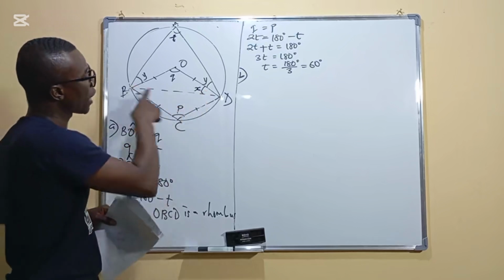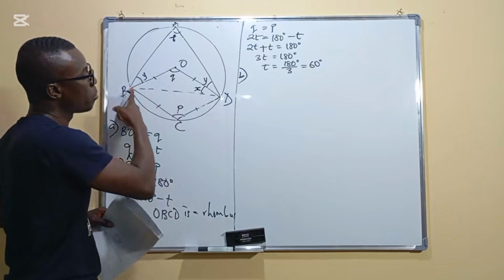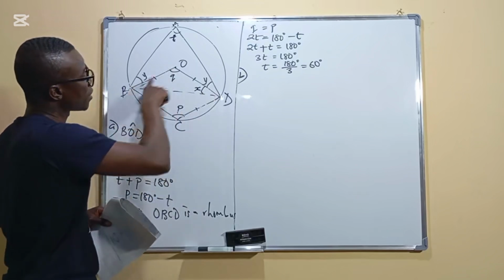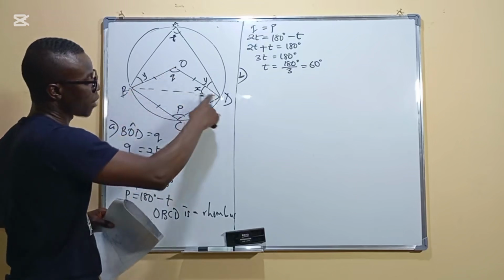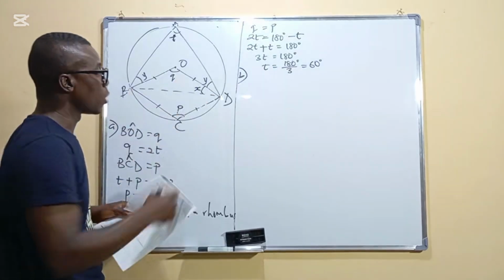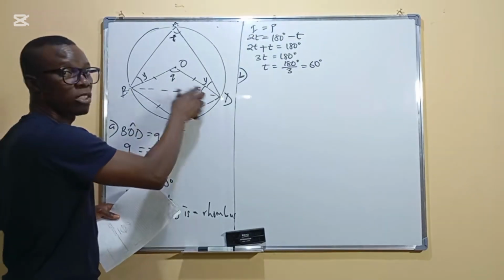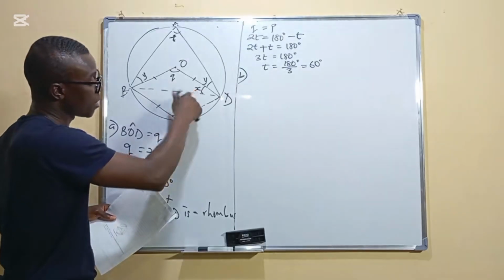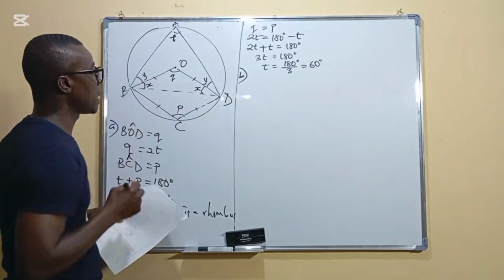But when you look at triangle OBD, you would see that this side is equal to this side, which qualifies it to be an isosceles triangle. And the base angles of an isosceles triangle are equal. So if this is x, this will also be x.